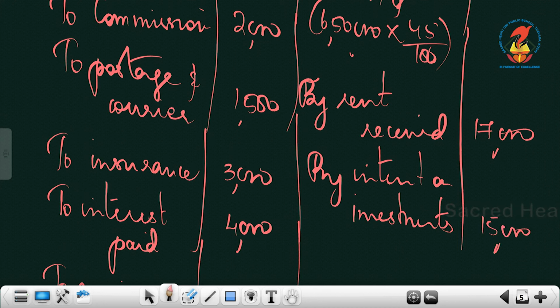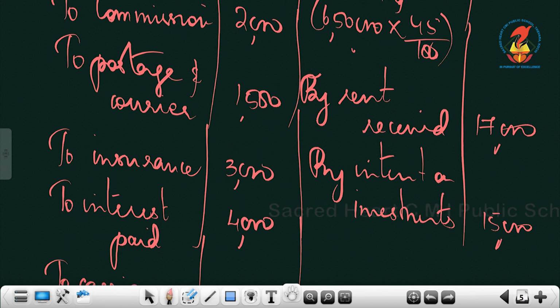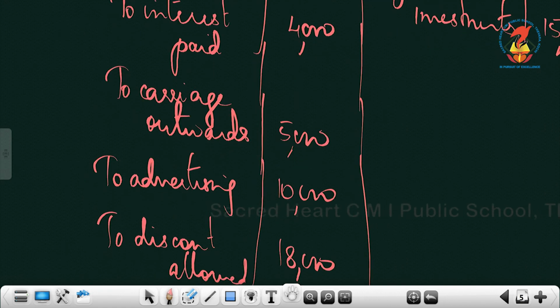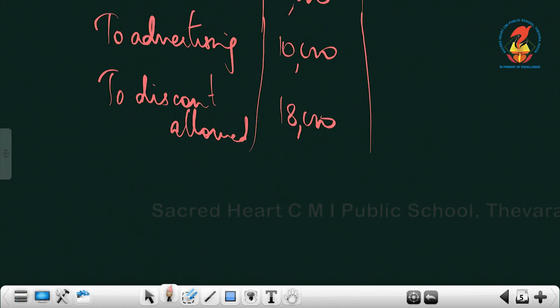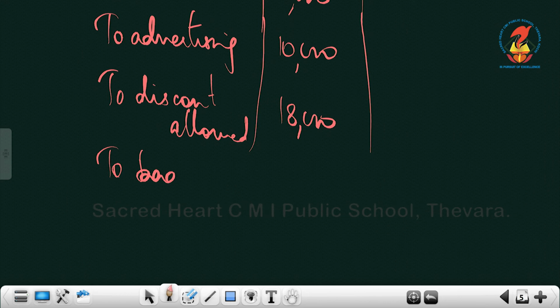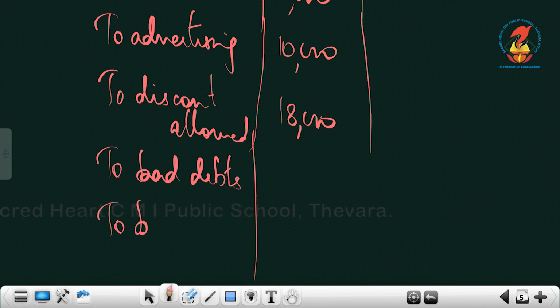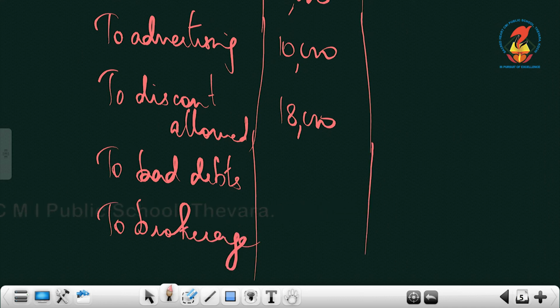Then bad debts, it's a loss which should be debited in P&L, brokerage also to be debited. $9,000 and $950. Okay, with that, the items are over.